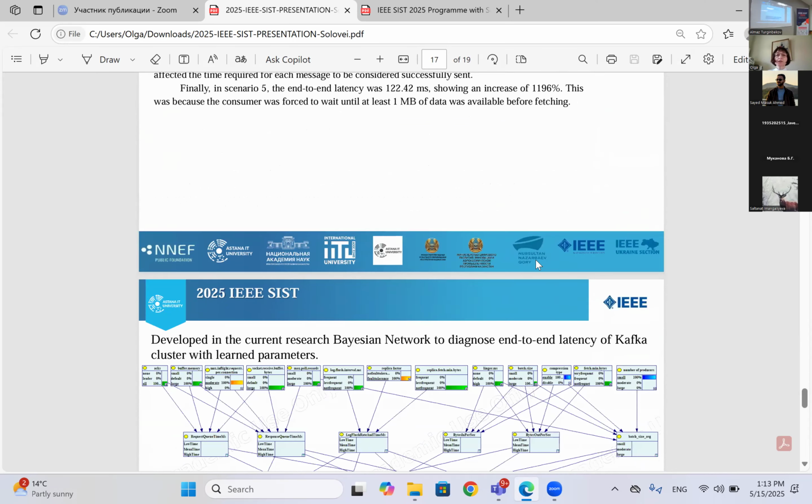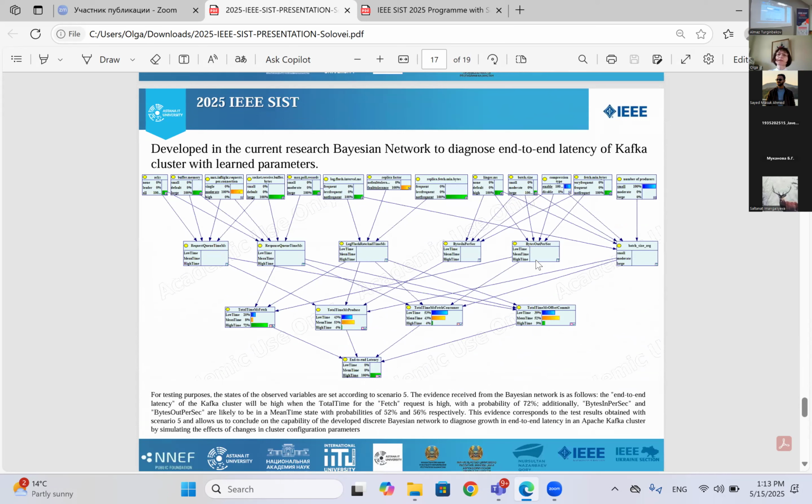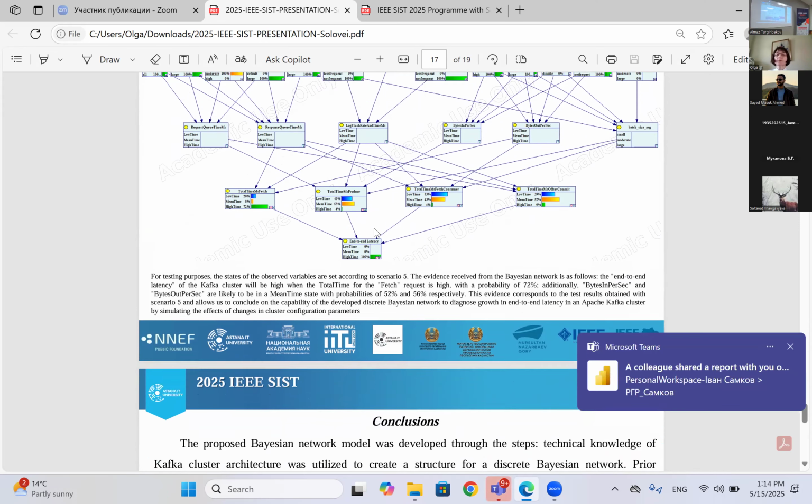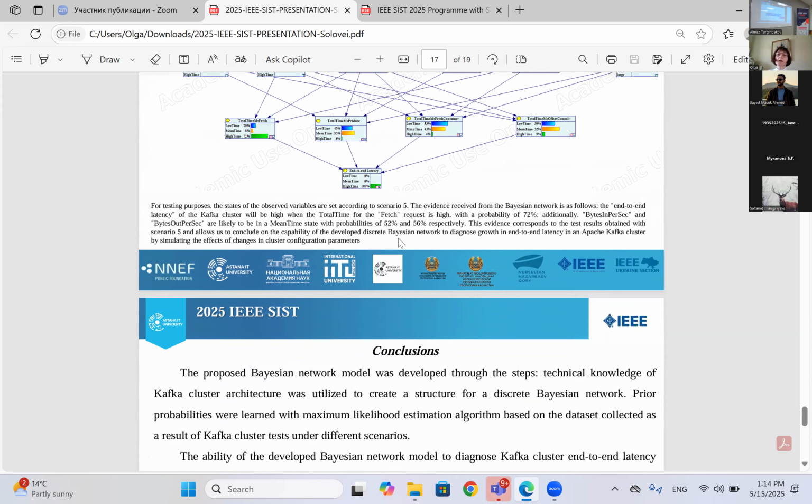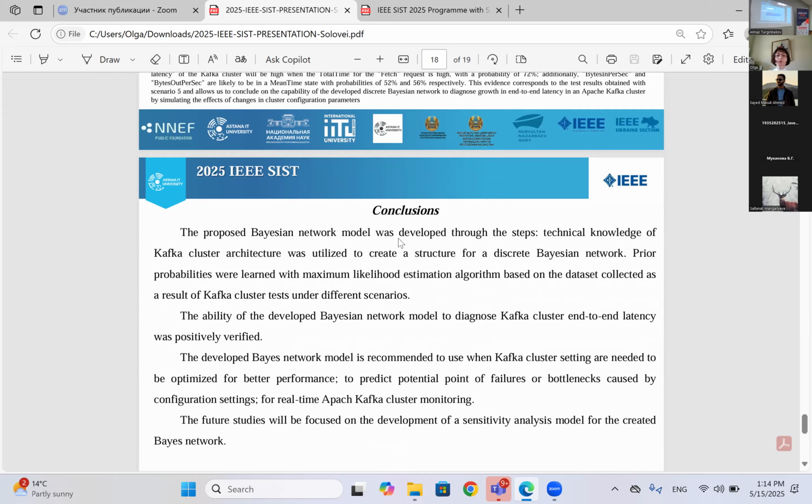On this slide is presented our finally developed Bayesian network, and we performed the test. Basically, our first layer with observed variables had been set to a state which corresponds to one of the scenarios, and then we verified that the end-to-end latency is predicted according to our theoretical analysis results.